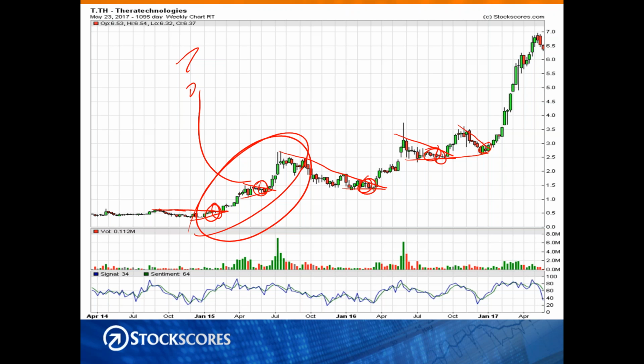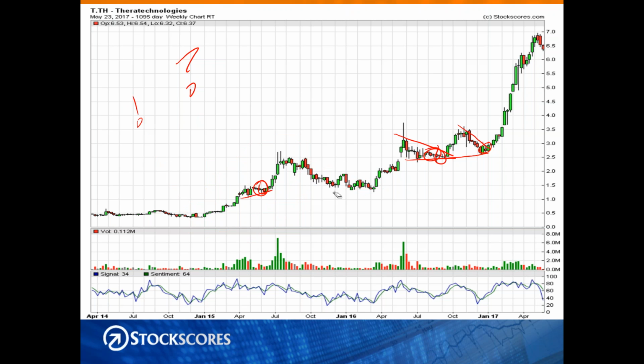However, if you have a period when there is very low volatility, like there, then you have agreement. Buyers and sellers have come to some consensus about what the company is worth. At this particular point right here, investors agree this stock is worth about 50, 60 cents a share.